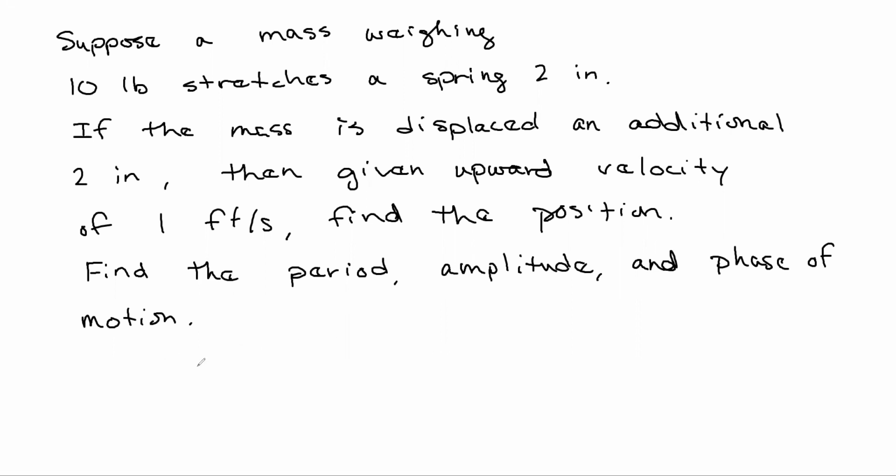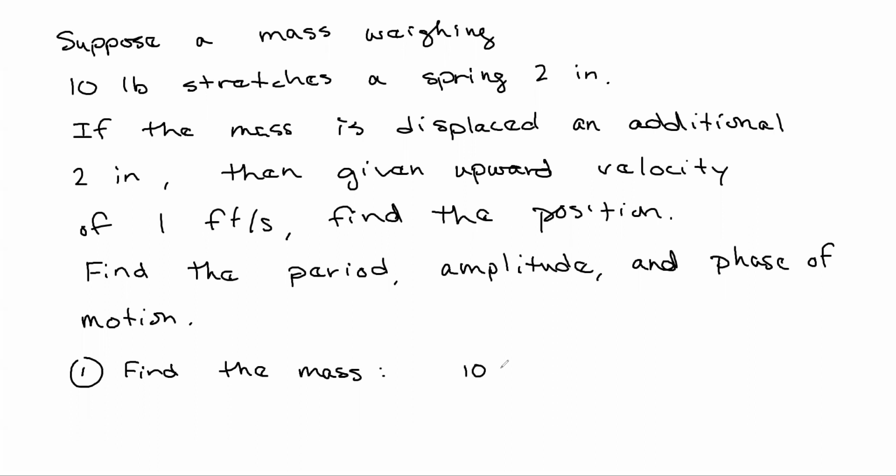Okay, so if we're going to do that, just like the previous example, we want to start off. So we need to find the mass. All right, so similar to the last problem, they told us we have a mass weighing 10 pounds. So pounds is a force.